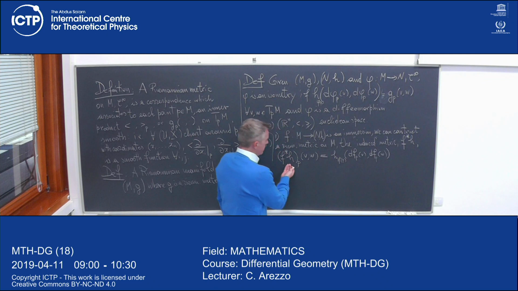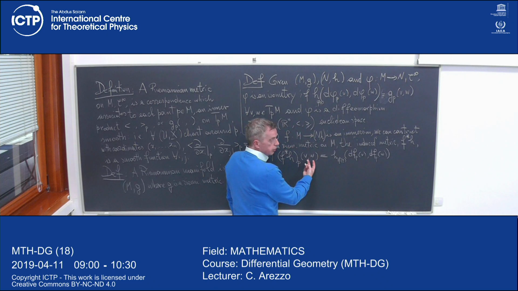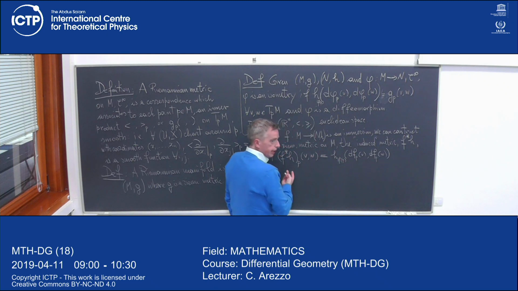But why is this a Riemannian metric? It has to be symmetric, but this is always true, because symmetric means if I change these two, I don't change anything, and this is the property required. This H has this property. So the symmetry is okay, but the positive definiteness is a problem.